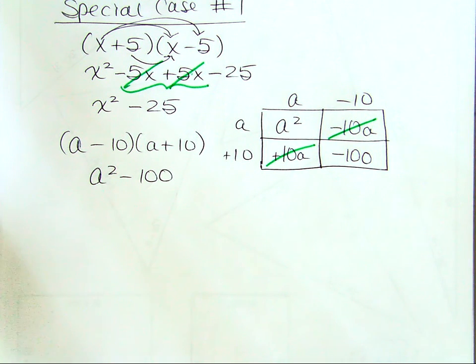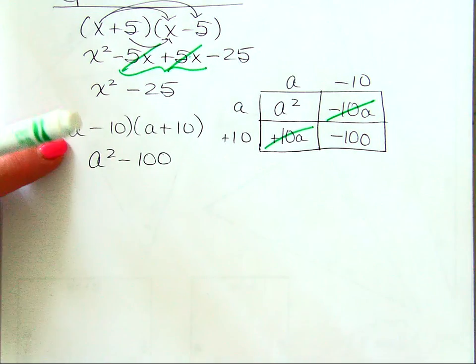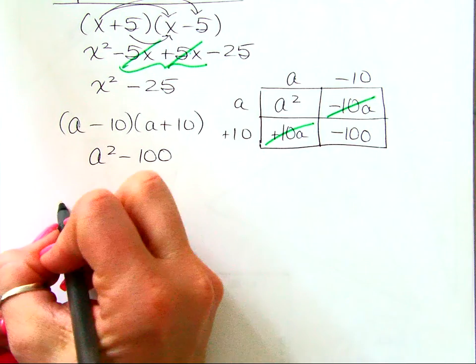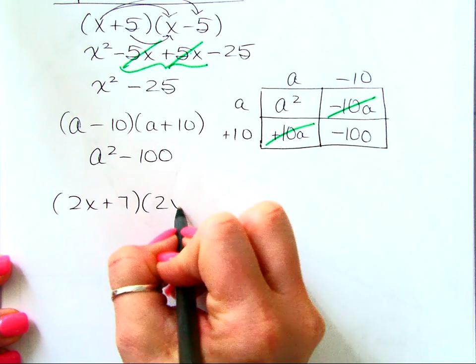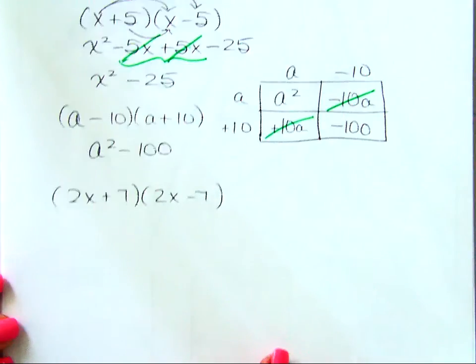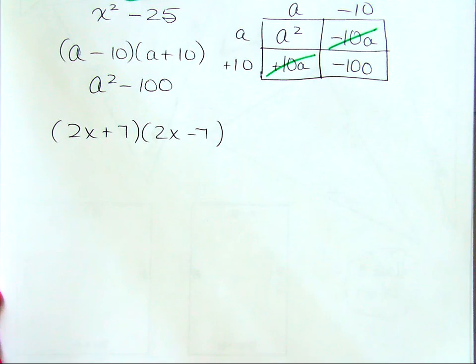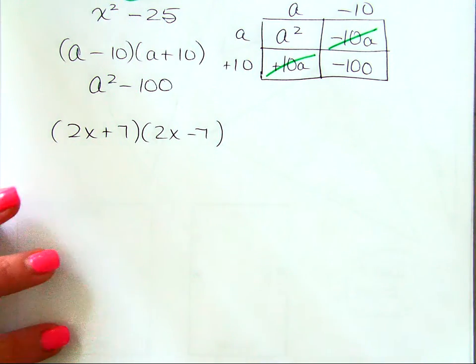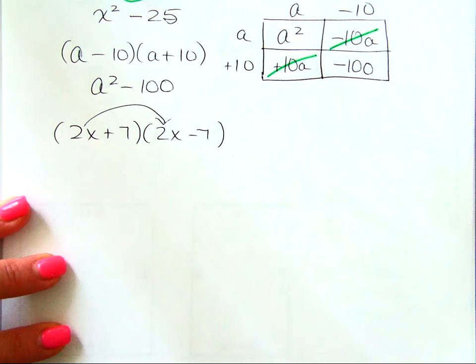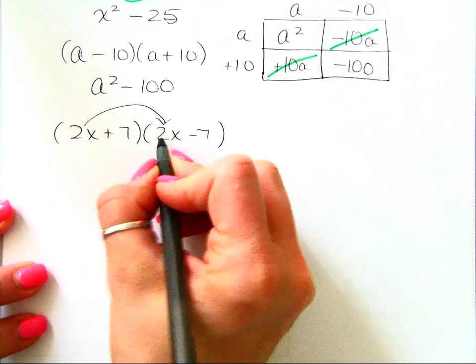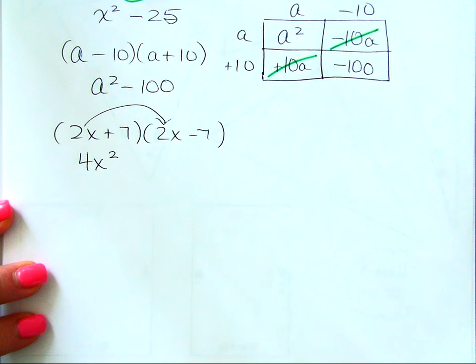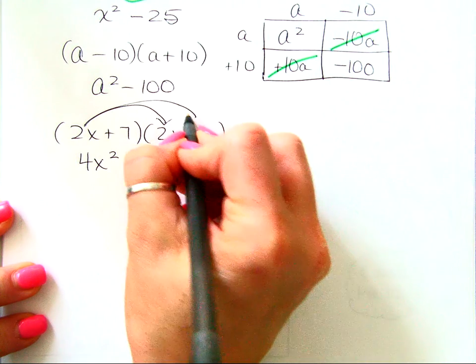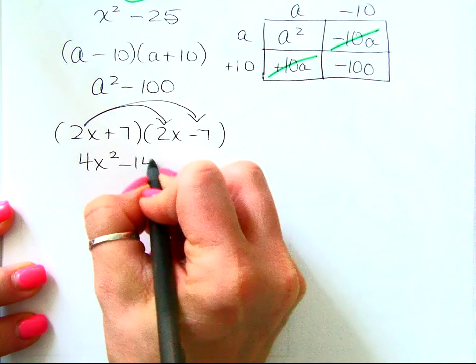I'm going to kick this one up a little notch here, so I'm going to give a coefficient to this. So let's take 2x plus 7 and 2x minus 7. So in a minute, I'm going to ask you to see if you can kind of figure out what this rule is. 2x times 2x is 4x squared. 2x times negative 7 is negative 14x.